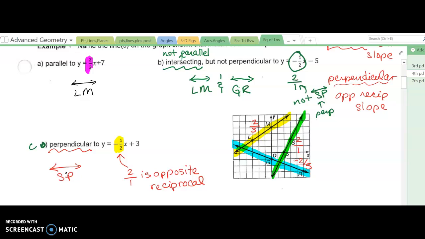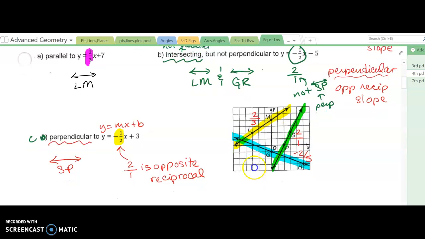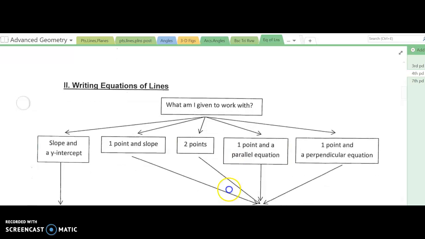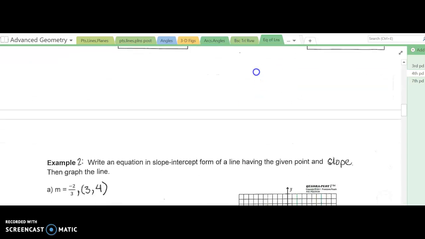Okay, so this one, just a little reminder that y equals mx plus b is the slope-intercept equation of the line, but we're still technically just dealing with slopes and practicing comparing slopes, right? So here we really get into writing equations of lines. And I'm going to skip this flow chart for now.